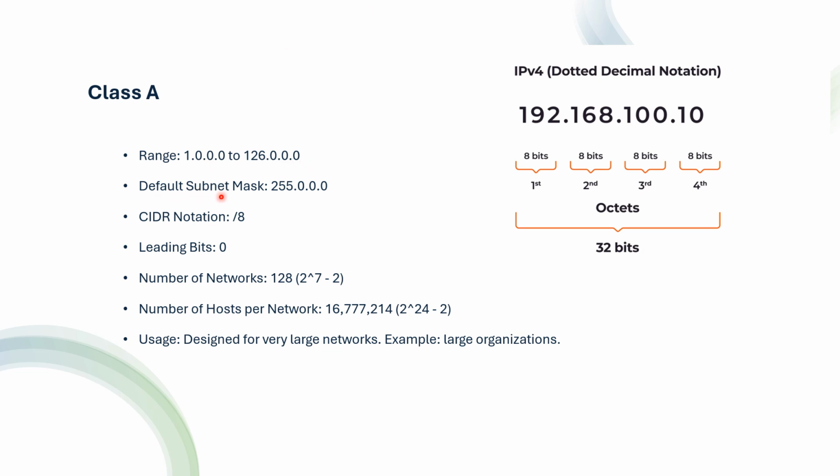The default subnet mask, as we discussed earlier, is a representation of the network address and the host address, where 255 is the network part and 0 is the host part. In slash notation, when we write an IP address and represent it like /8, it means the first 8 bits, or 1 byte, is the network address, and the remaining is the host address.